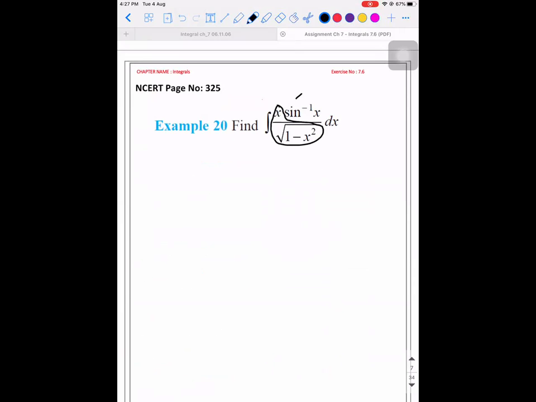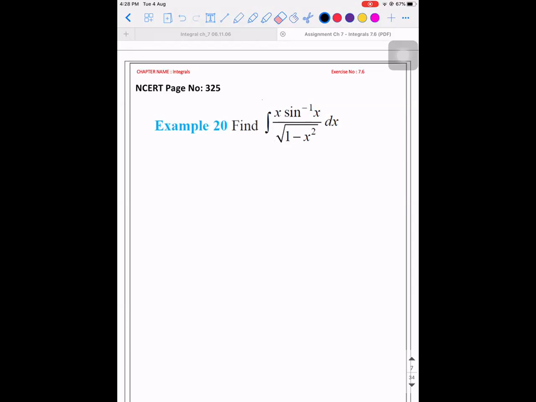So take x by root of 1 minus x square as one function. Sine inverse x is first. x divided by root of 1 minus x square is second.